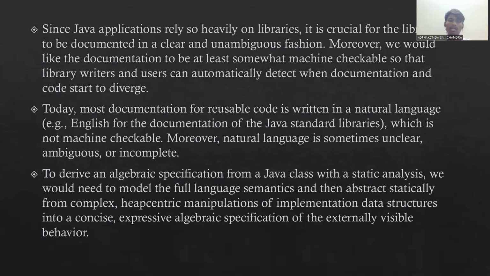To derive an algebraic specification from a Java class with a static analysis, we would need to model the full language semantics, then abstract statically from complex heap-centric manipulations of implementation data structures into concise, expressive algebraic specifications of the externally visible behavior.